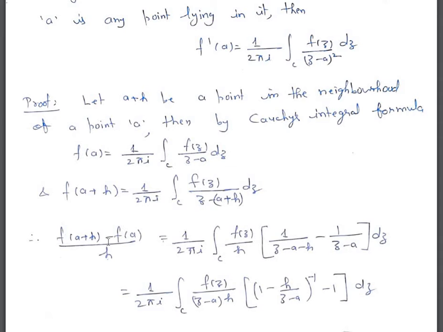So we have f at a plus h minus f at a divided by h is equal to 1 upon 2 pi i, which can be taken outside as it's common, integral over C f(z) is also common, divided by h.